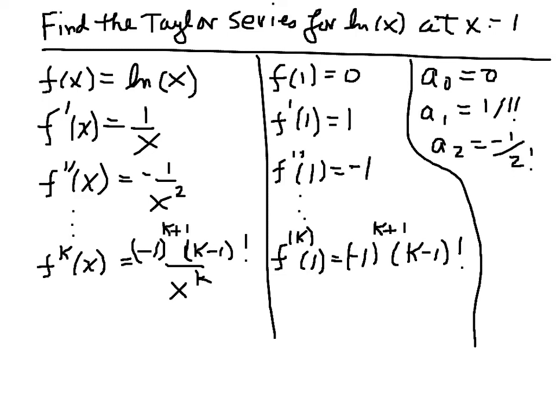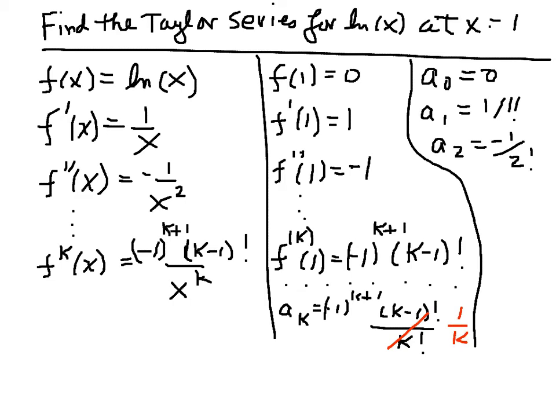And finally, I'll just write it under here: a sub k is equal to minus 1 to the k plus 1 times k minus 1 factorial over k factorial. And let me just change colors here. This is simply 1 over k.